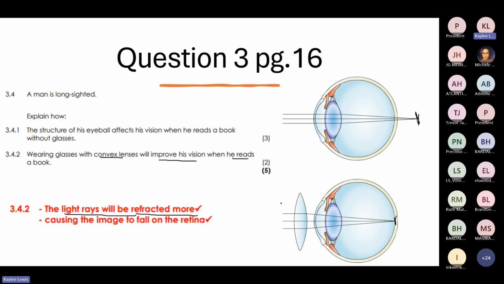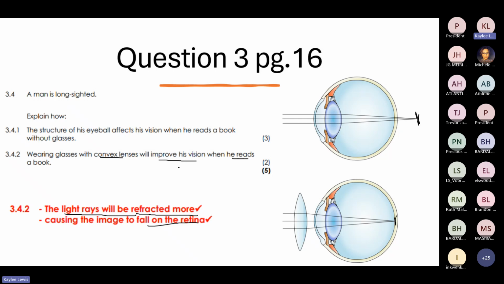But having the correct treatment, in this case convex lenses, it causes extra refraction of the light rays, and that will allow it to fall on the retina, and the image will form on the retina. So that is how you would answer that one, because they want to know how the convex lenses improve his vision.